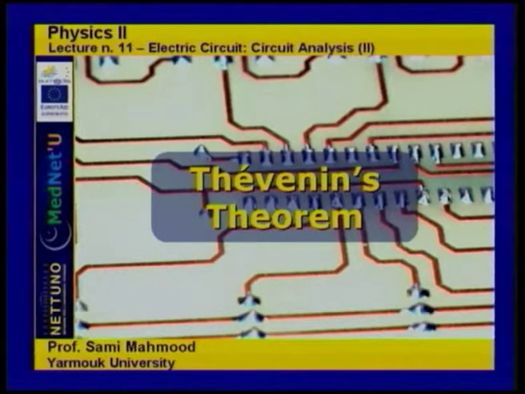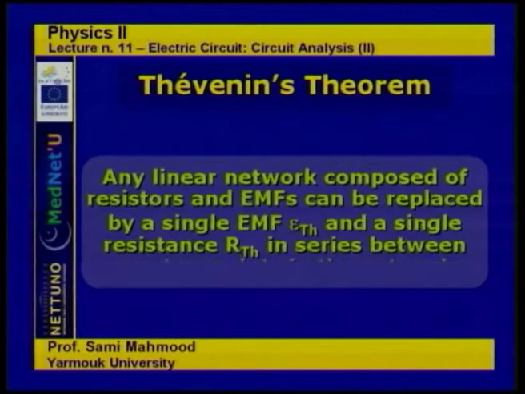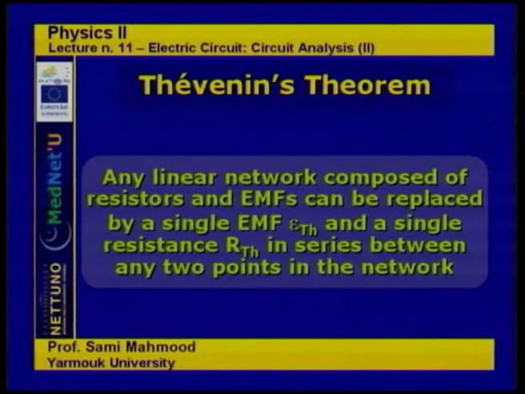This theorem states that any linear network that is composed of a number of resistors, ohmic resistors, of course, linear resistors, and electromotive forces, any such network, no matter how complicated it is, can be replaced by a single electromotive force, epsilon Thevenin, and a single resistance R Thevenin in series between any 2 points in the network.